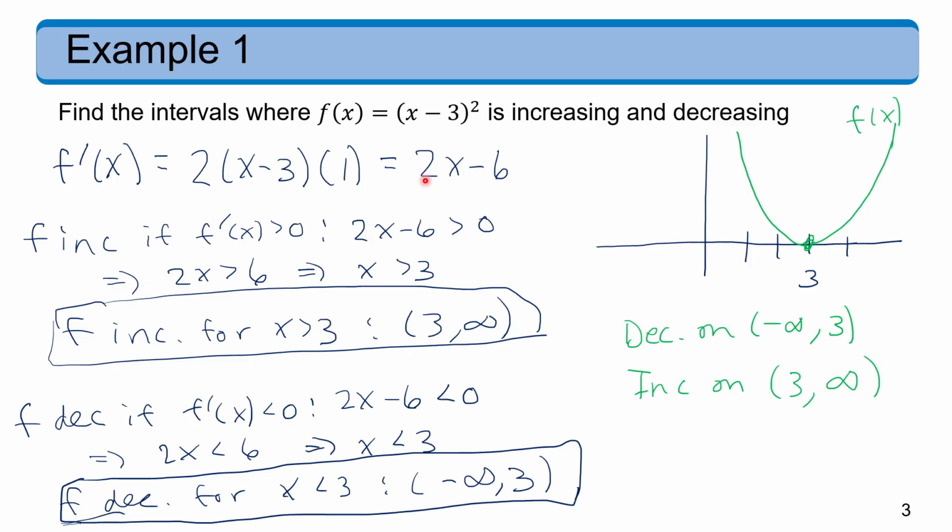Instead, you'll need to use this method of calculating the derivative and figuring out where the derivative is positive and negative. We'll also see in our other examples that determining where the derivative is positive and negative will sometimes be more work than it was here, but I wanted us to start with just a very simple example.